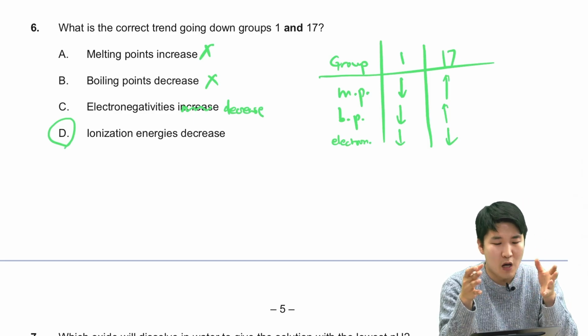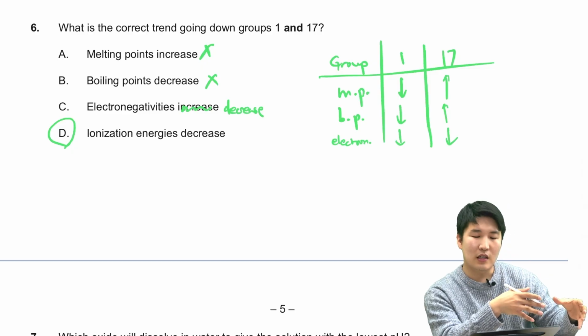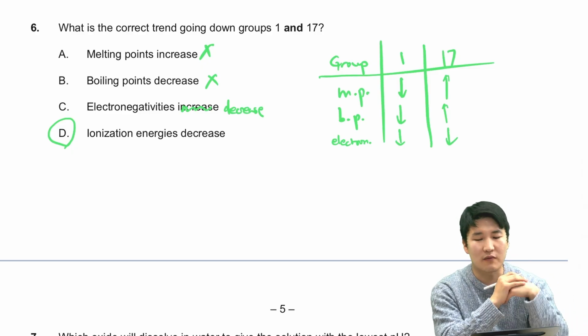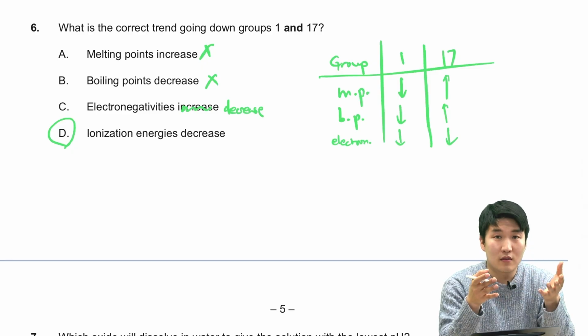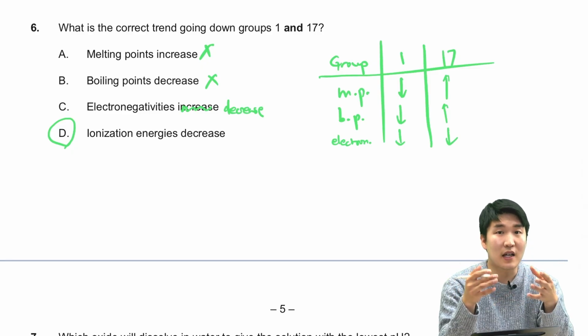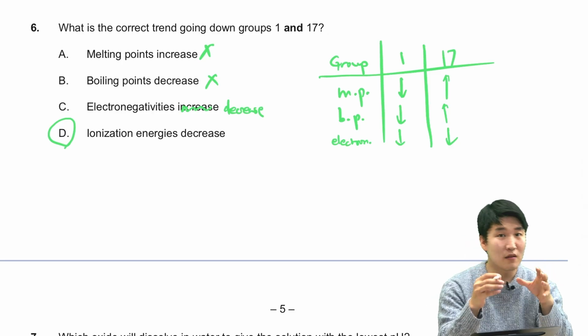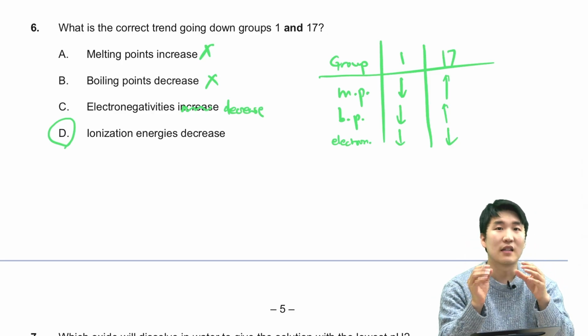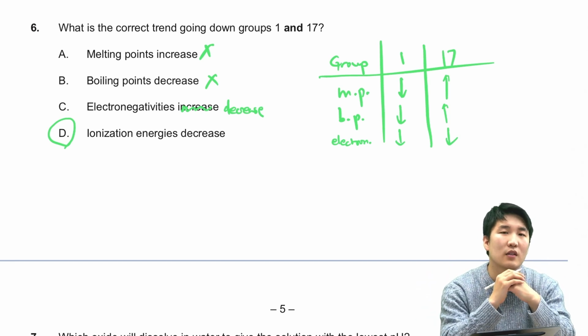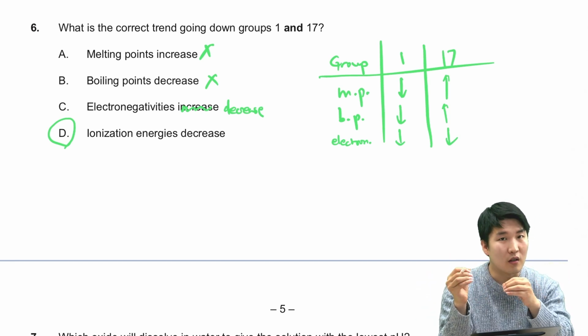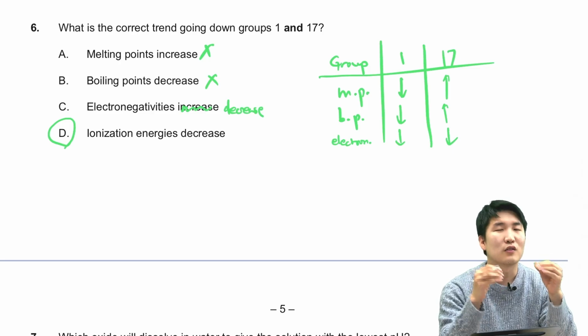And let's have a look at how ionization energy decreases down group 1 as well as 17. Well, the atomic radius is increasing, which means that the distance between the valence electron being removed and the central nucleus that is pulling the valence electron gets weaker and weaker. So it's easier to remove.